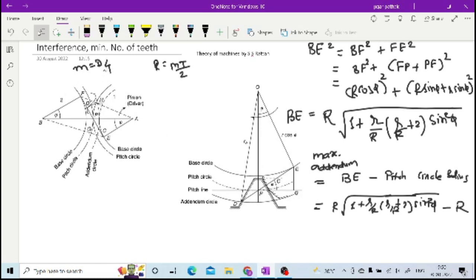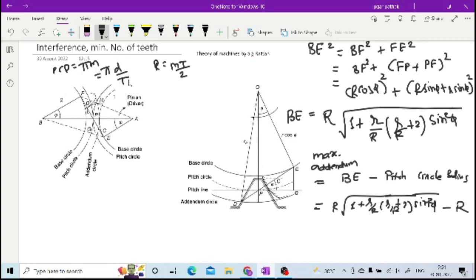The pitch circle circumference is pi d, and that is nothing but pi m times T. So m is equal to d by T only, right?